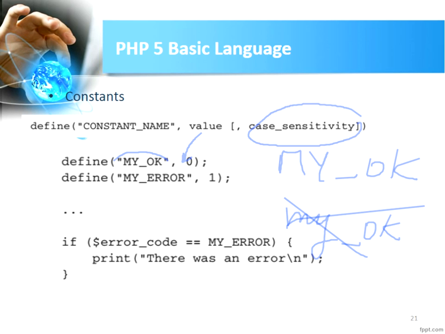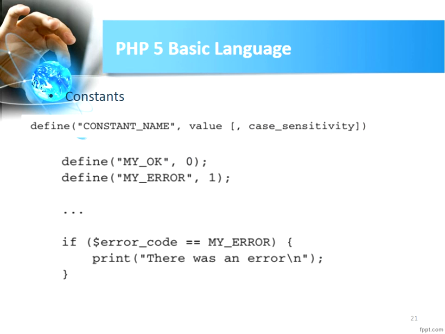The third one, if I don't specify the third argument, that means the argument is true. So the case sensitivity, that means I cannot mix capital or lower letters when I use my constant. That means my constant is case sensitive.